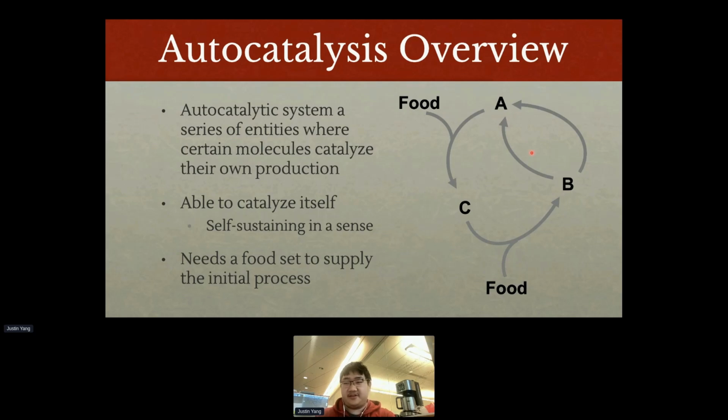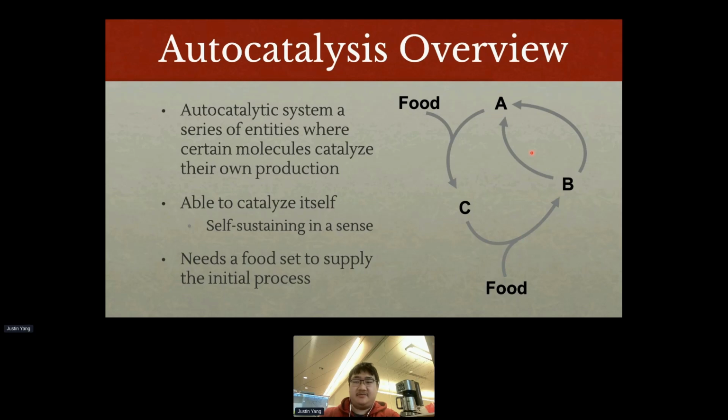In a sense, this process becomes self-sustaining, but necessitates a food set to supply the initial process. And so the question arises, how do we select for an autocatalytic cycle?